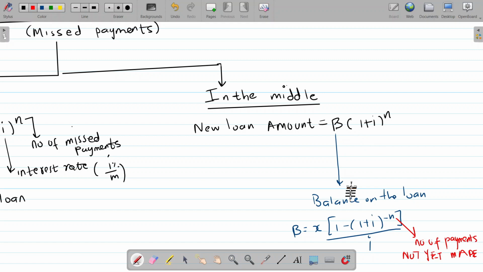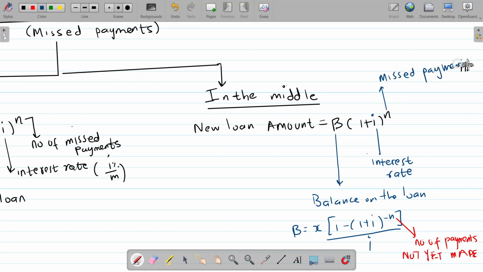Our i, of course, is the interest rate. And then n over here is your missed payments.